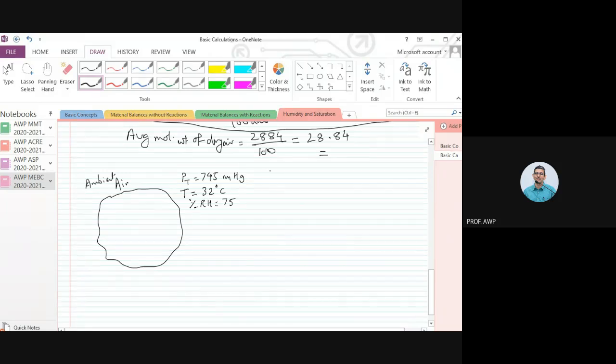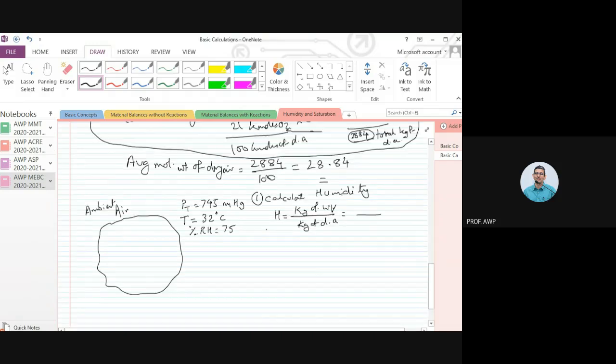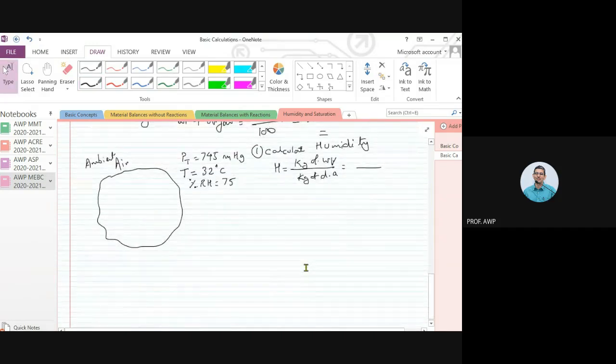Calculate kgs of water vapor per kg of dry air. Calculate this number. This number is called humidity. It is denoted by letter H. So calculate for this particular case. You can look at your notes, how you have done the previous problem, and then you can calculate for this particular problem.